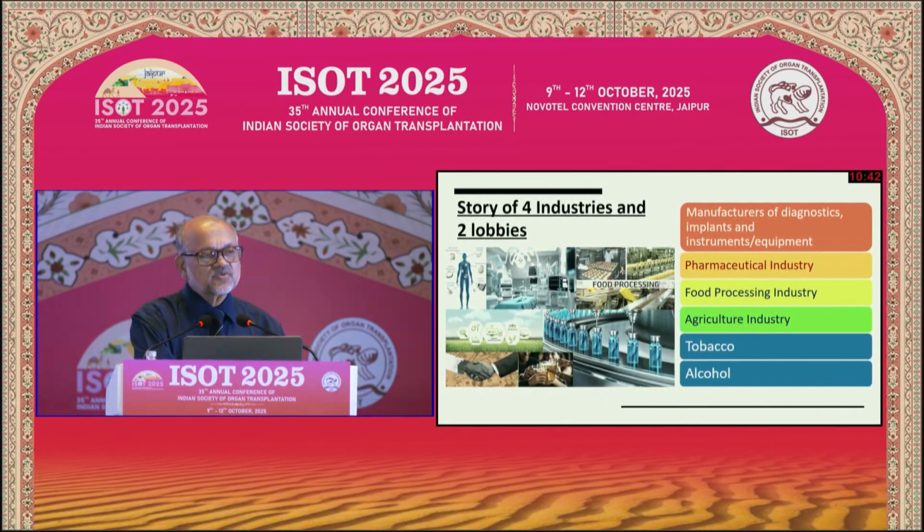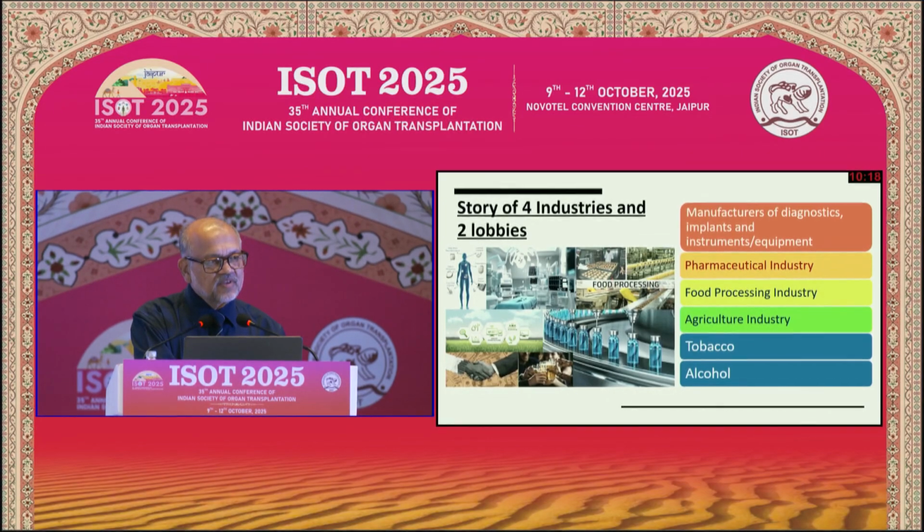So I said industry. It's a story of 4 industries and 2 lobbies. Manufacturers of diagnostic implants and instruments equipment, that is the first industry. Pharmaceutical industry is the second industry. Third is the food processing industry. Fourth is the agricultural industry. You see, such massive are the changes in these industries. They look only towards profiteering.